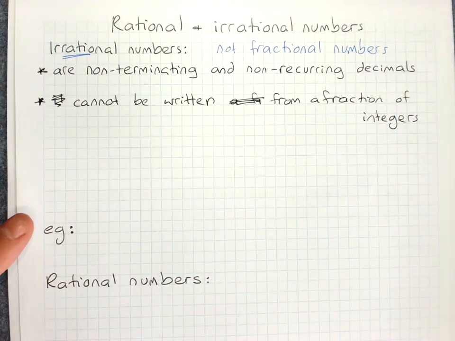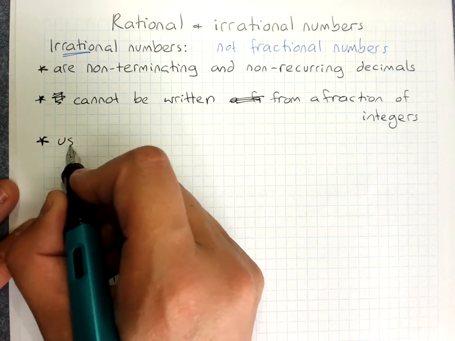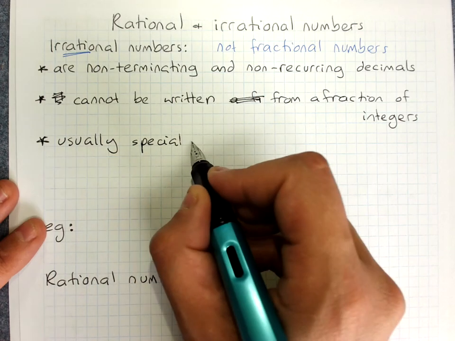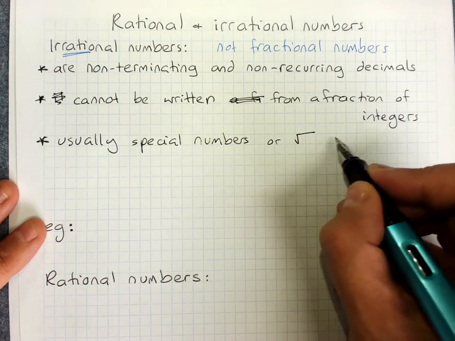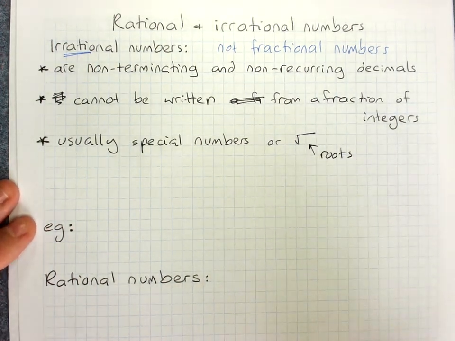So our irrational numbers can't be written as a fraction, and they're usually the special numbers or roots, square roots and cube roots and things like that.